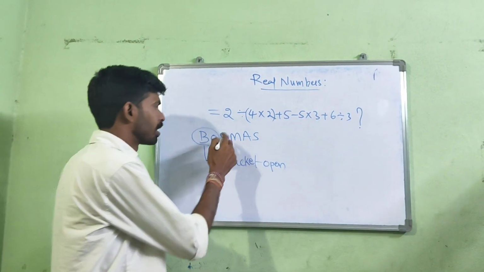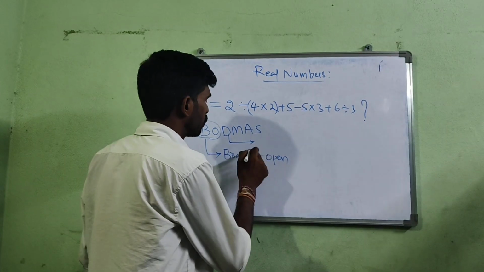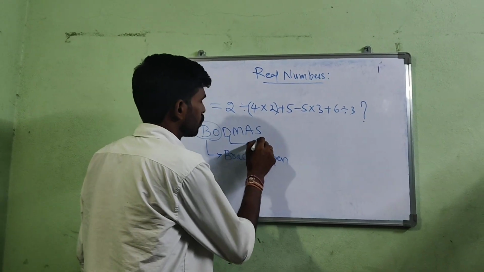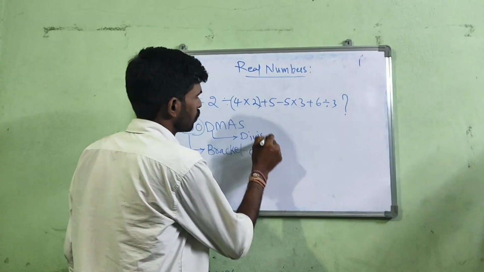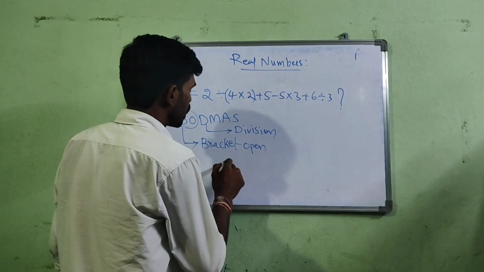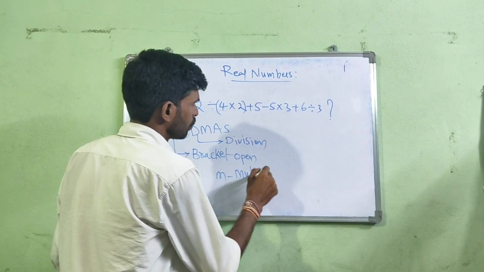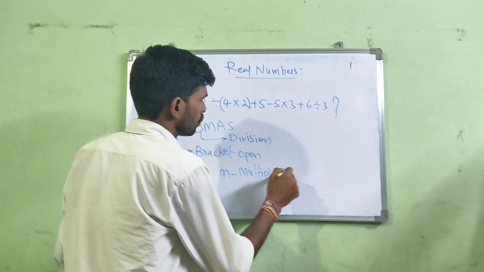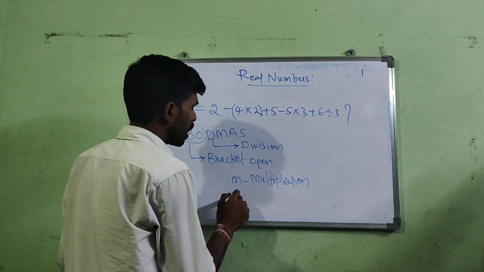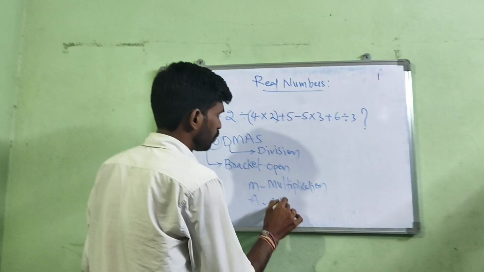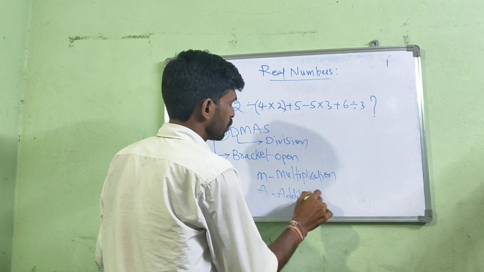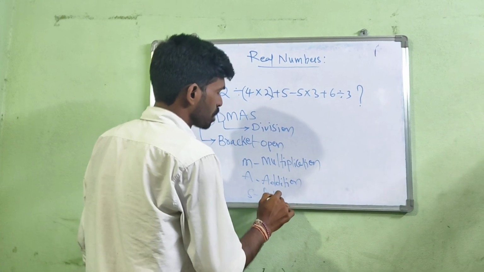Next D for division, then M for multiplication, A for addition, and S for subtraction.